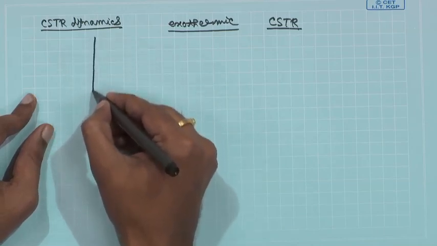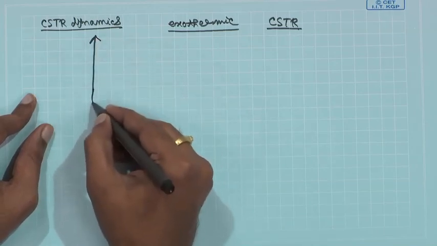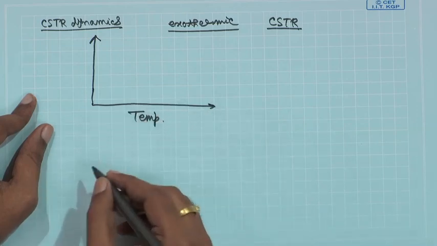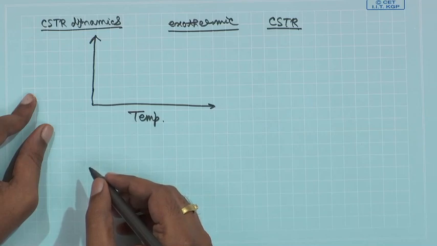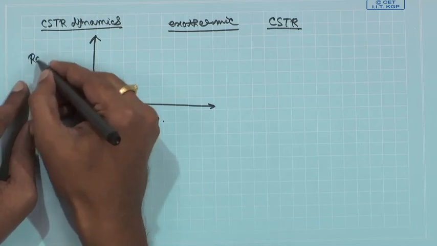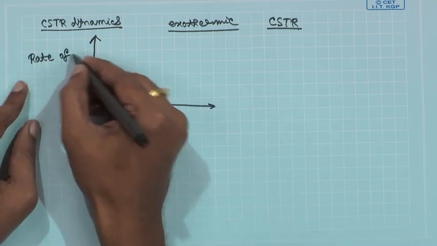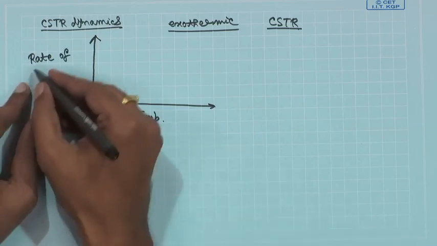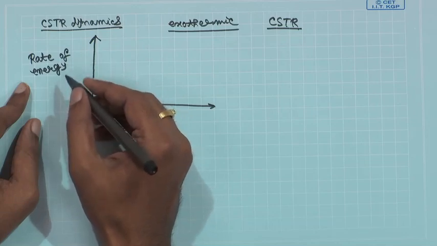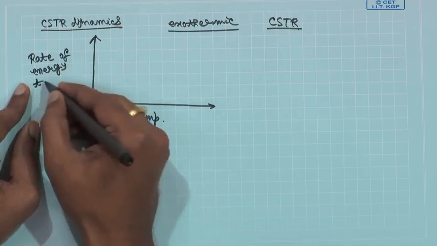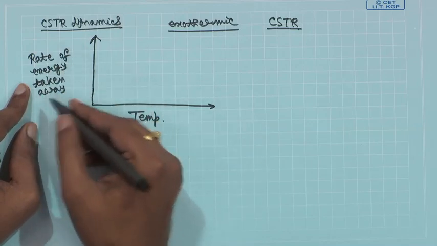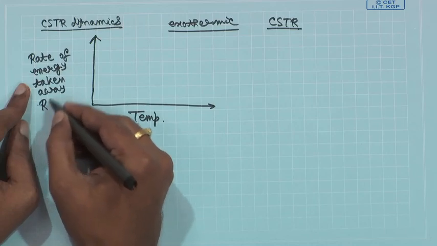Now, let us plot the reactor temperature on the x axis and the rate of energy taken away on the y axis.